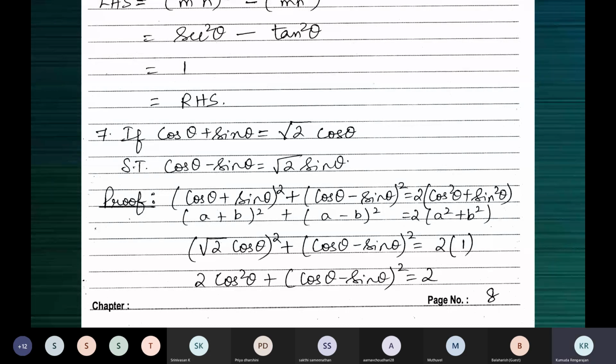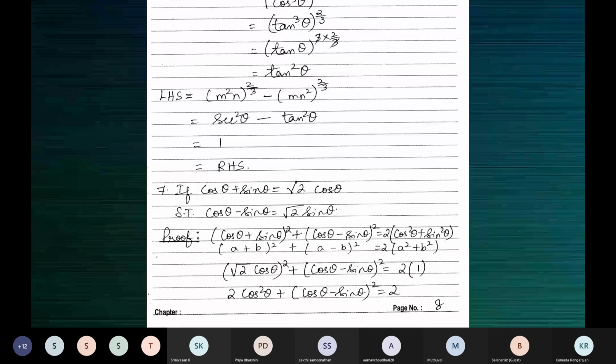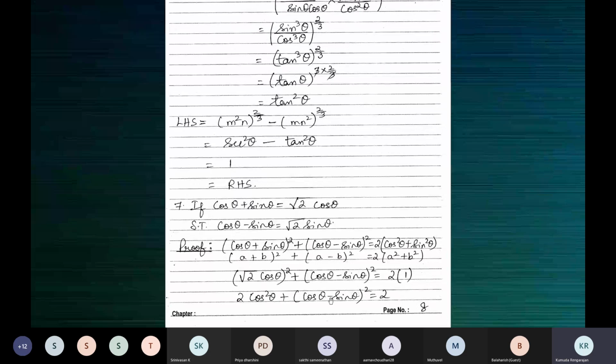Have a look at the steps, children. So next, transpose, because we have to find cos theta minus sin theta. Don't expand this.